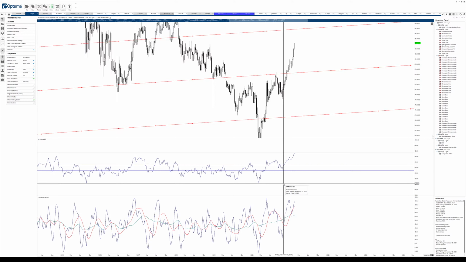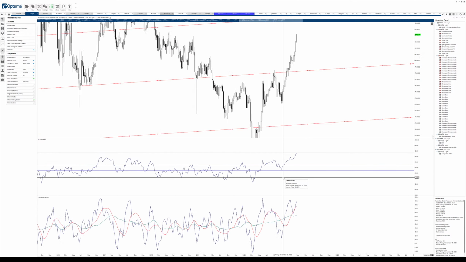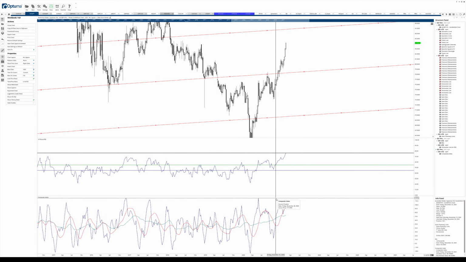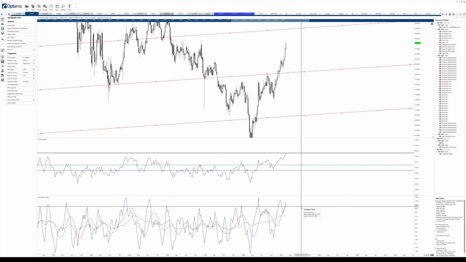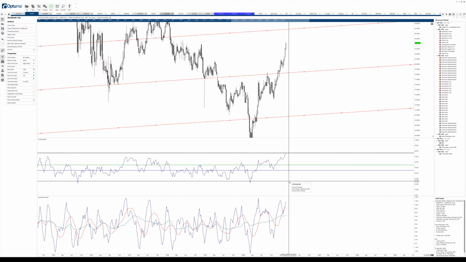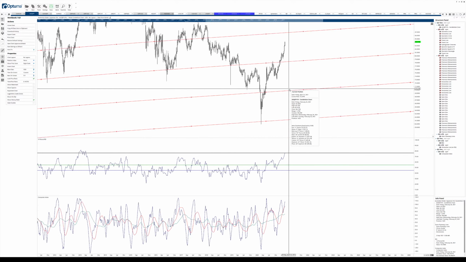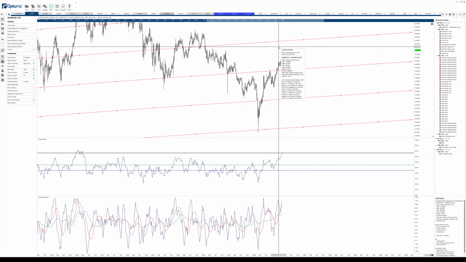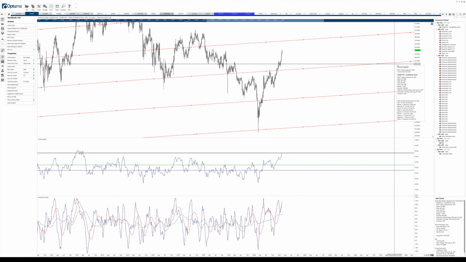Ellioticians are probably looking at this and seeing a pretty clear ending diagonal forming in the RSI. And then we have that noticeable divergence at these extremes, which are very likely to be met and found here pretty soon. We could keep going higher, but we'll see.